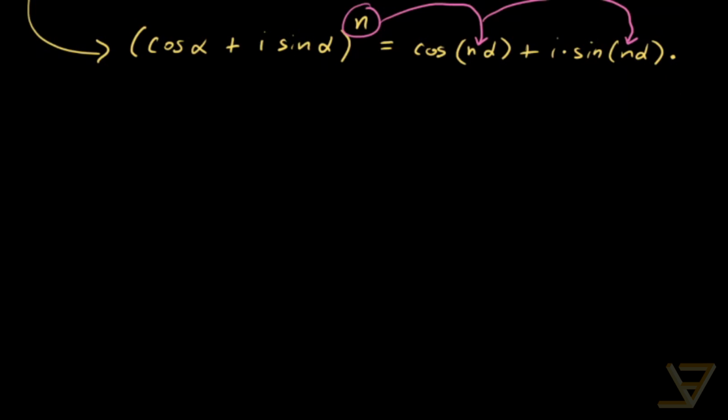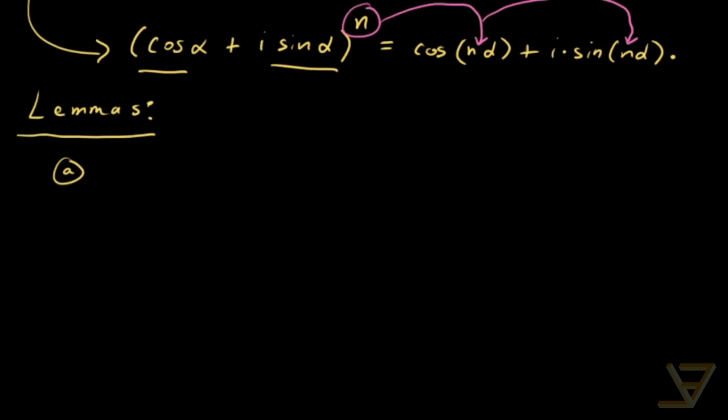So let's prove it, but before that we need a couple of lemmas. These lemmas follow from trigonometric identities since we're dealing with cosine and sine, but we're not going to prove them. We're just going to be using them to prove De Moivre's rule.